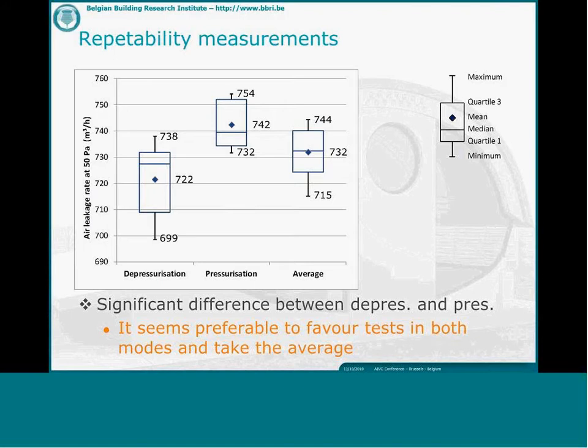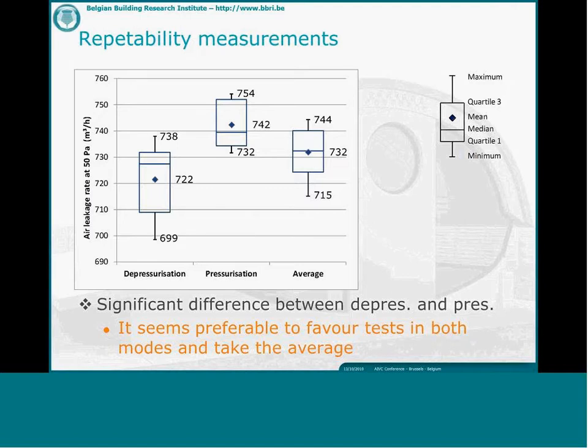Results of the repeatability measurements are shown on the screen. So it's the results obtained by the same technician. 10 different measurements done by the same technician, and you see that there is a spread of the results, of course, and a large difference between depression and overpressure.